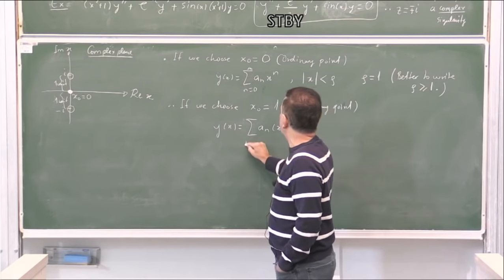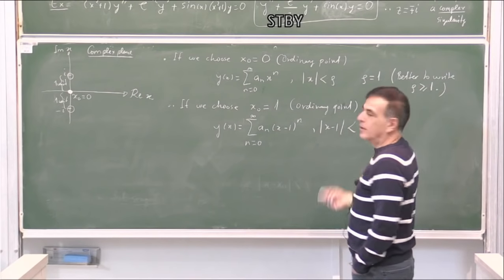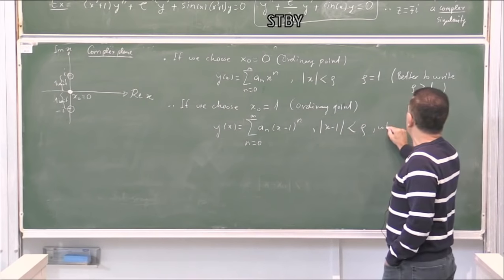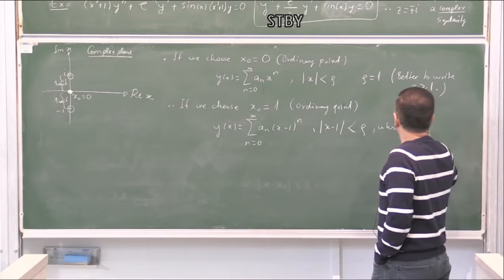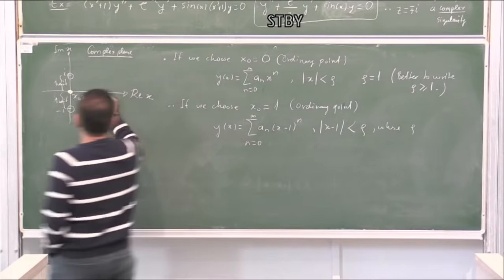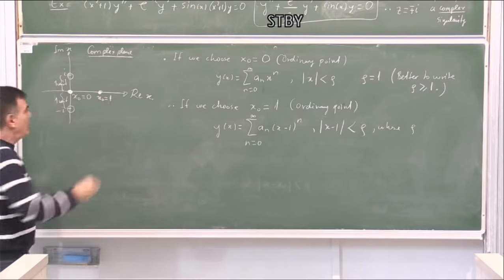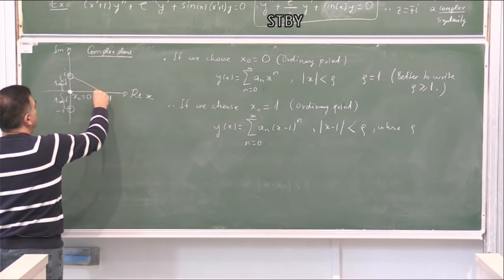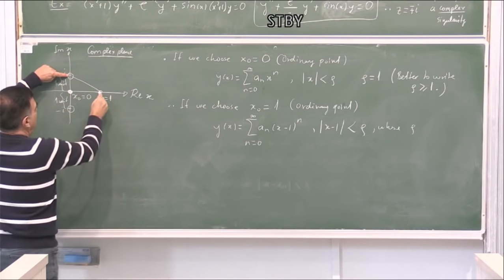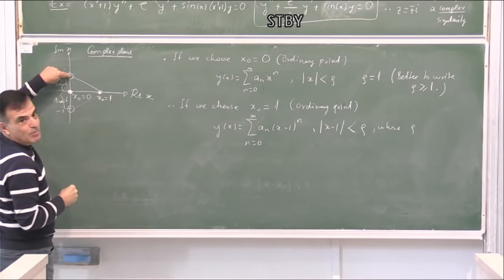Good. With that, x minus 1 smaller than rho. This time, look at that. Now we choose x0 equal to 1. So this distance to this singularity and this singularity are the same from symmetry. So this is rho.